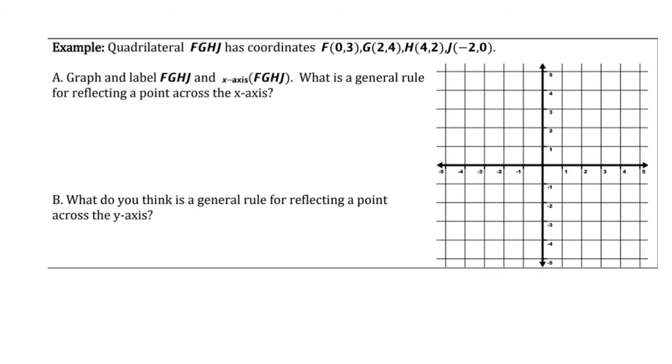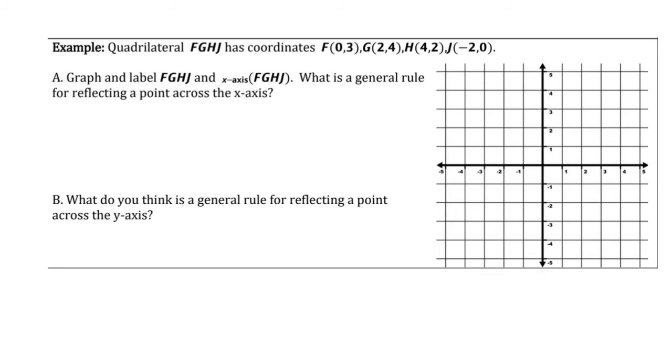Now we're going to draw a quadrilateral FGHJ given the coordinates, and first do a reflection over the x-axis. This will allow us to find a general rule whenever reflecting a point across the x-axis, and then we're going to figure out what the rule is for the y-axis. Let's graph and label FGHJ.